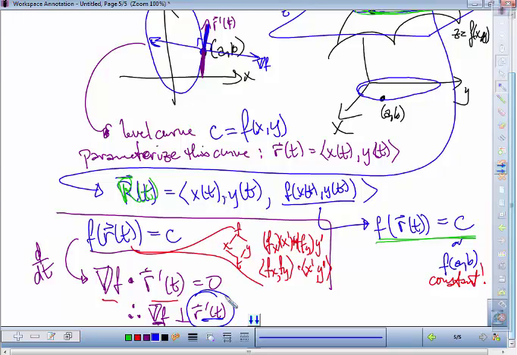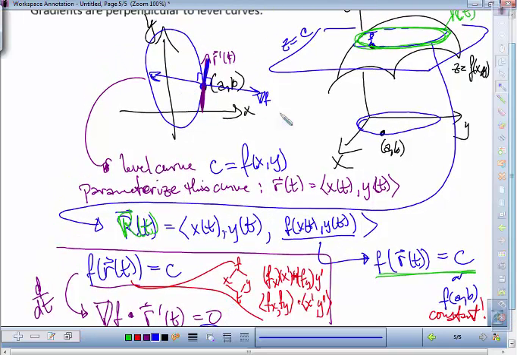Okay. So it's perpendicular to a level curve. Oh, here. I drew two vectors.